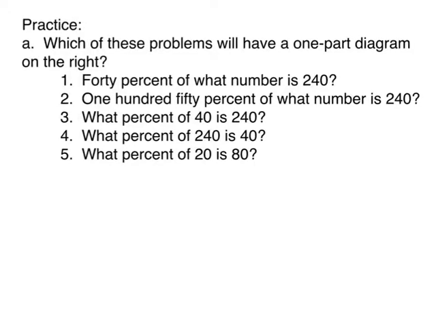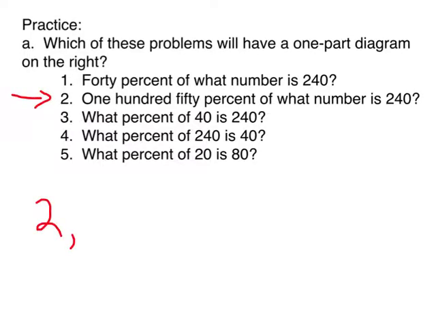Okay, practice problem A. Which of these problems will have a 1-part diagram on the right? Okay, so going back to our rules, the first one that's really easy is 2, because we know here that we've got a percent that is greater than 100%, so 150%, so 2 is the first one.